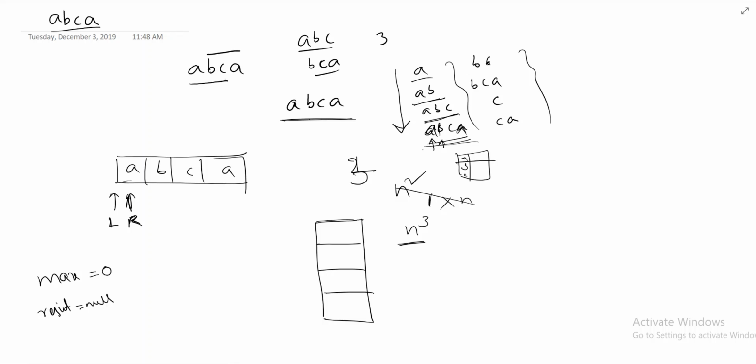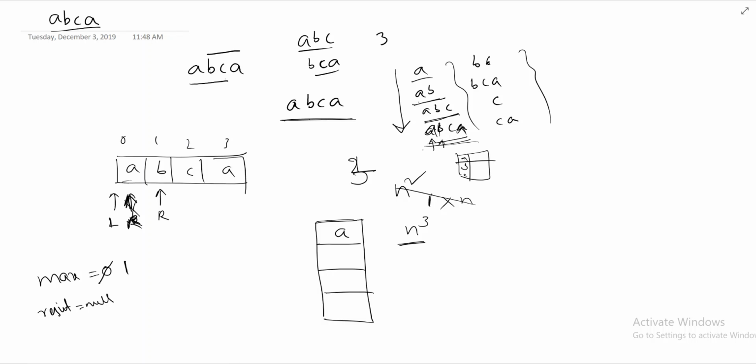Now we will keep track of R. Let's start from R. A, is A in the hash set? No, so we add A, increase R, and update the maximum to R minus L, that is 1. So 0, 1, 2, 3.